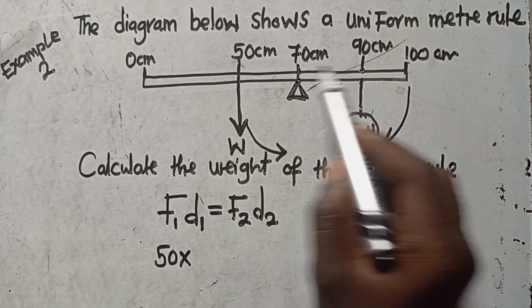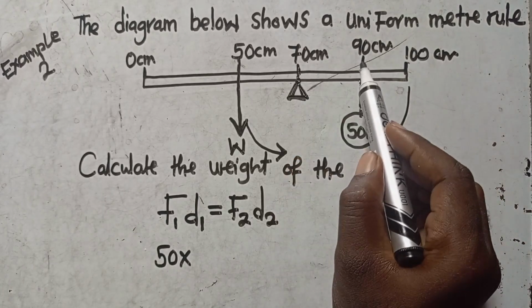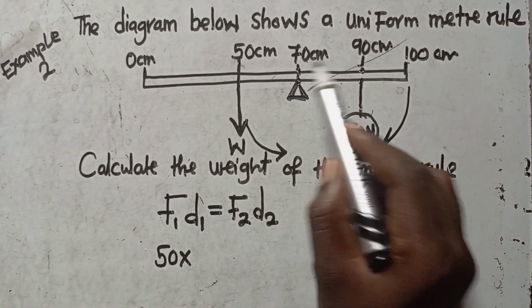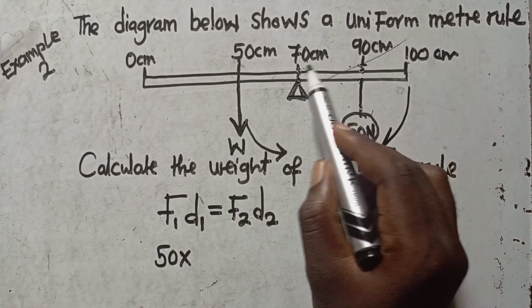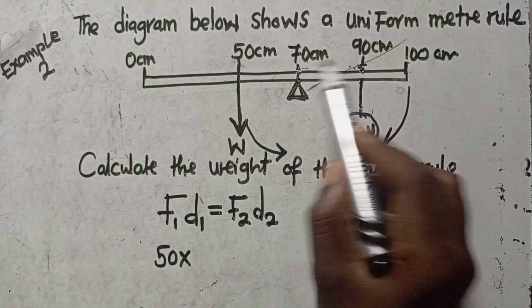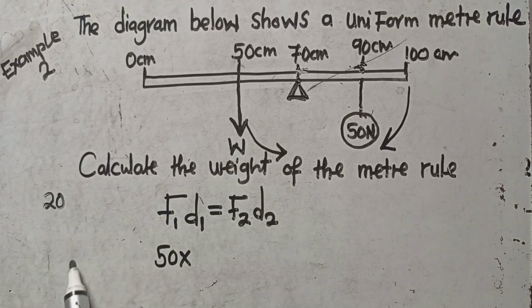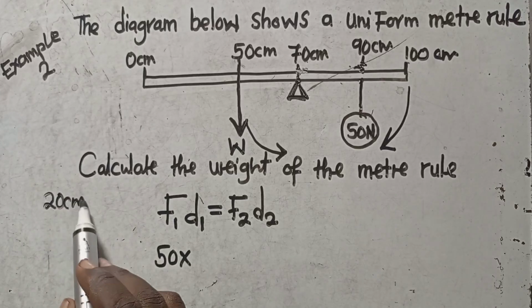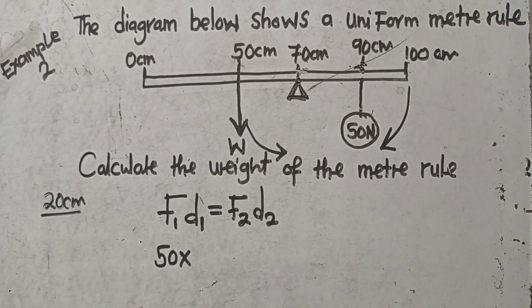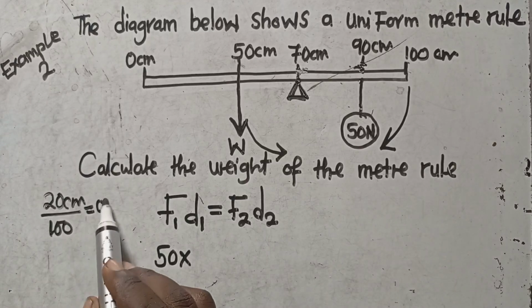This is 90, this is 70. What is the difference? The difference is 20. Since this is 20 centimeters, I need to convert to meters. So I divide by 100, and I'm going to get 0.2.